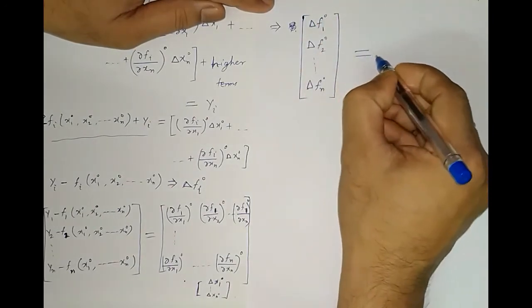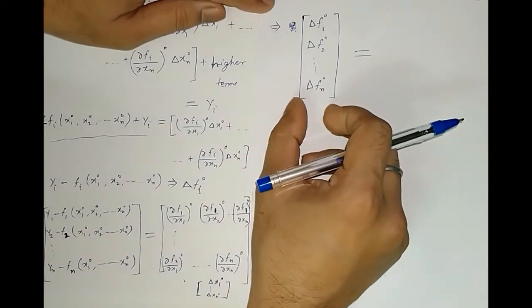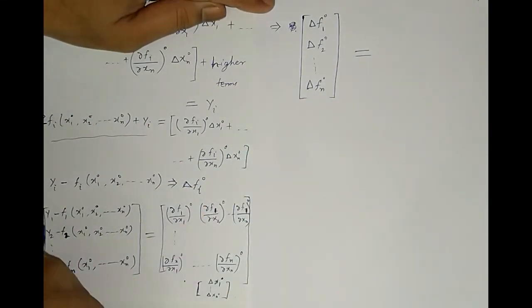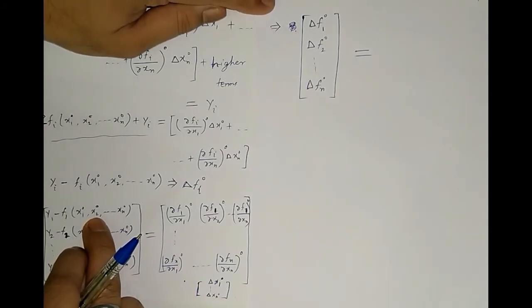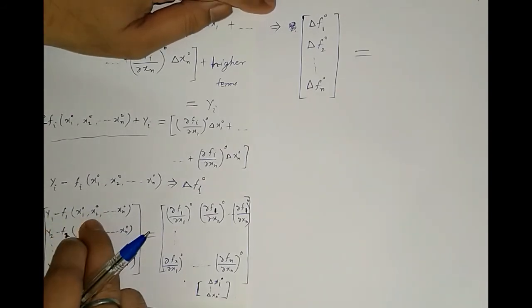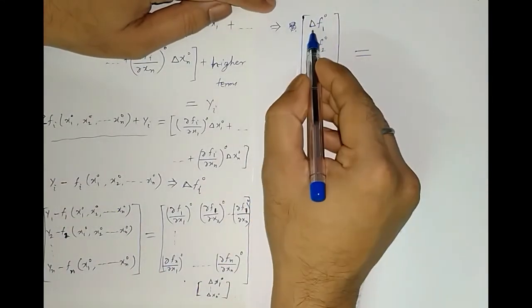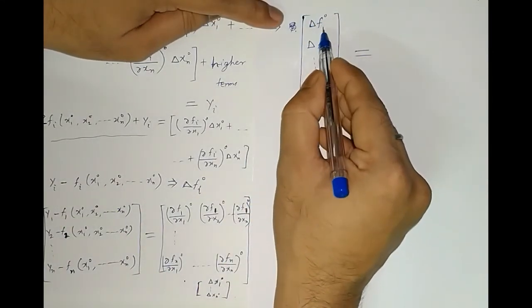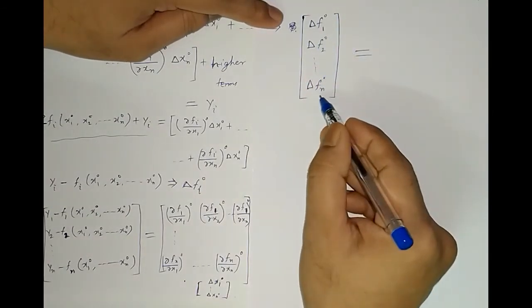This portion is the difference between the exact value and the value calculated with the assumed values, that is the error. That's why this is delta f1 0 for the first equation, second equation, and for the nth equation.